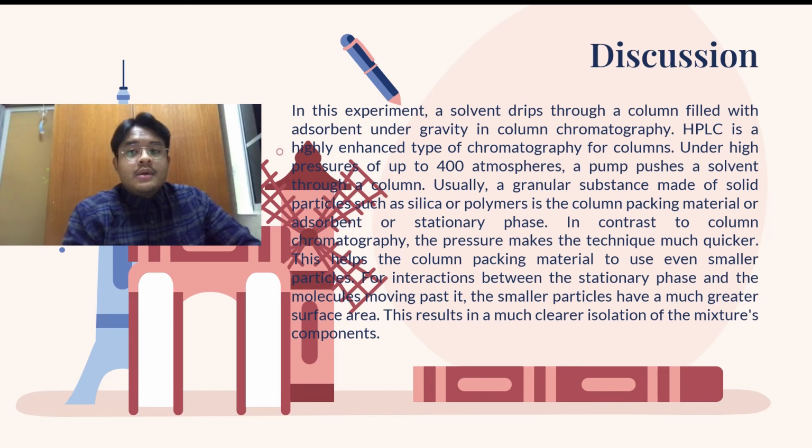This helps the column packing material to use even small particles. For interaction between the stationary phase and the molecules moving past, the smaller particles have a greater surface area. This results in much clearer isolation of the mixture's components.